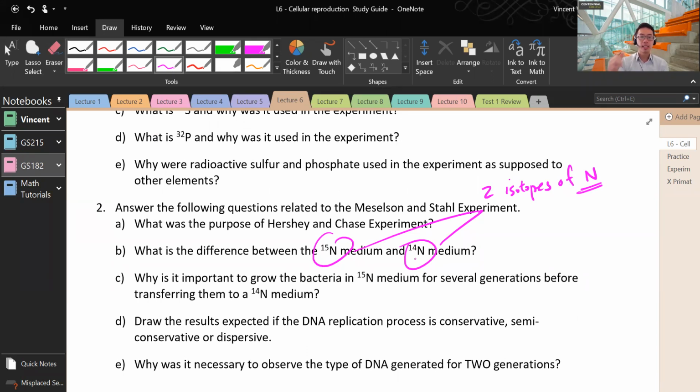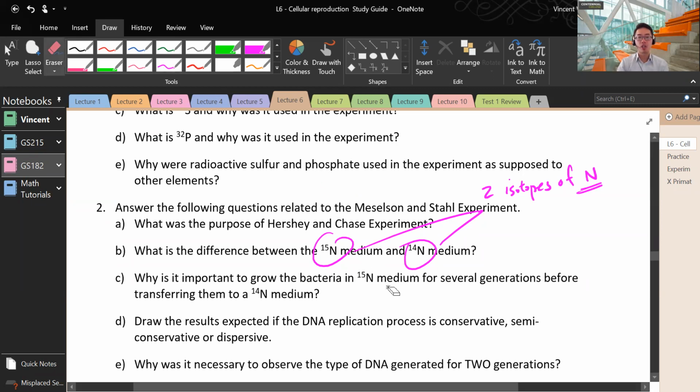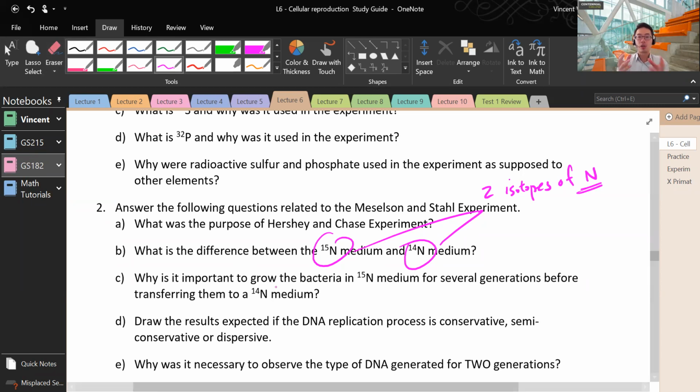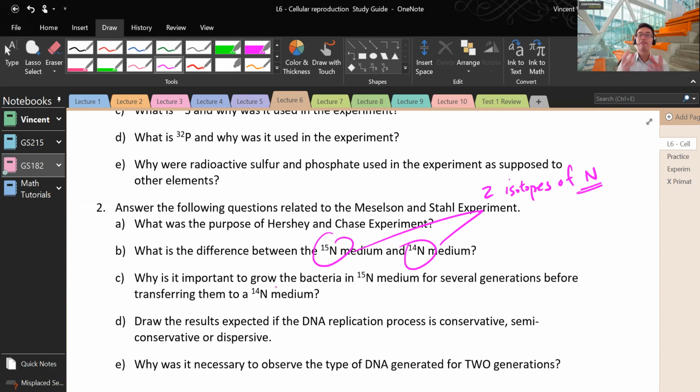So what they did is they grew the bacteria in the heavier medium for several generations first before transferring it to the lighter medium. The purpose of that is to ensure that all the E. coli in the dish start with N15, because they have been growing in the medium with N15 for several generations now.